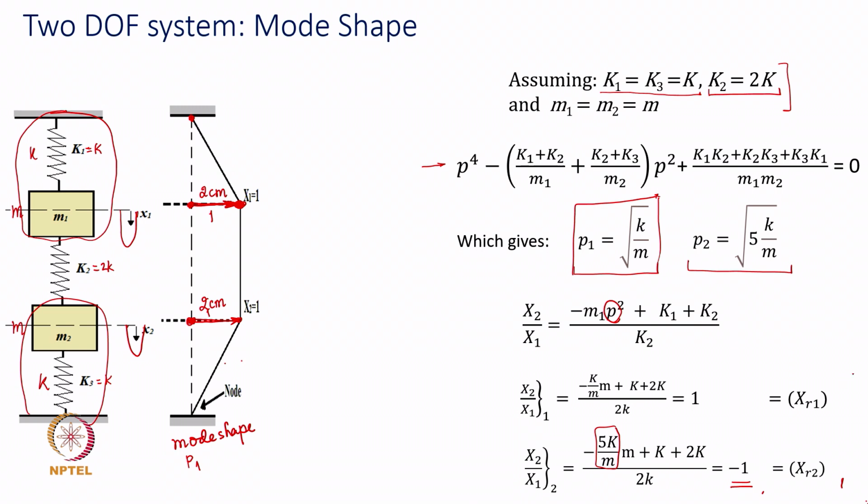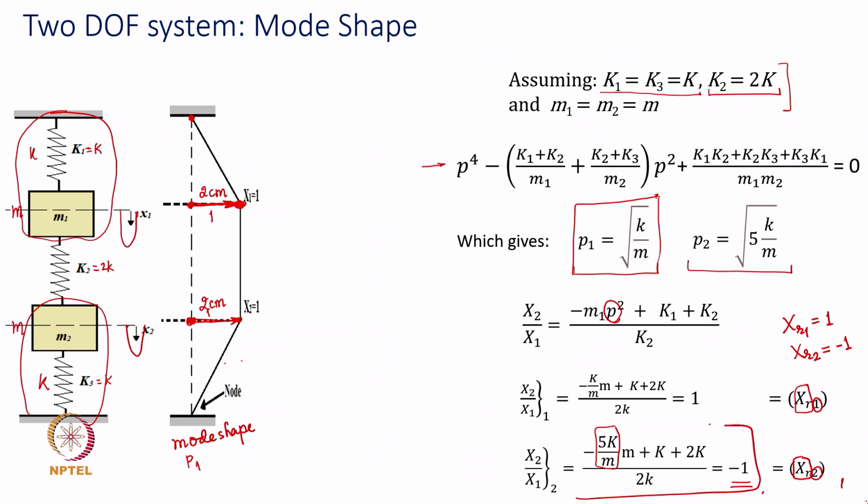I shall be referring to these mode shape ratios, or amplitude ratios, as XR1 to represent the ratio of the amplitudes in the first mode shape, and XR2 as the amplitude ratio in the second mode shape. So, in the first mode shape, I have XR1 equal to 1, which is positive, whereas XR2, the amplitude ratio in the second natural frequency, equals minus 1.